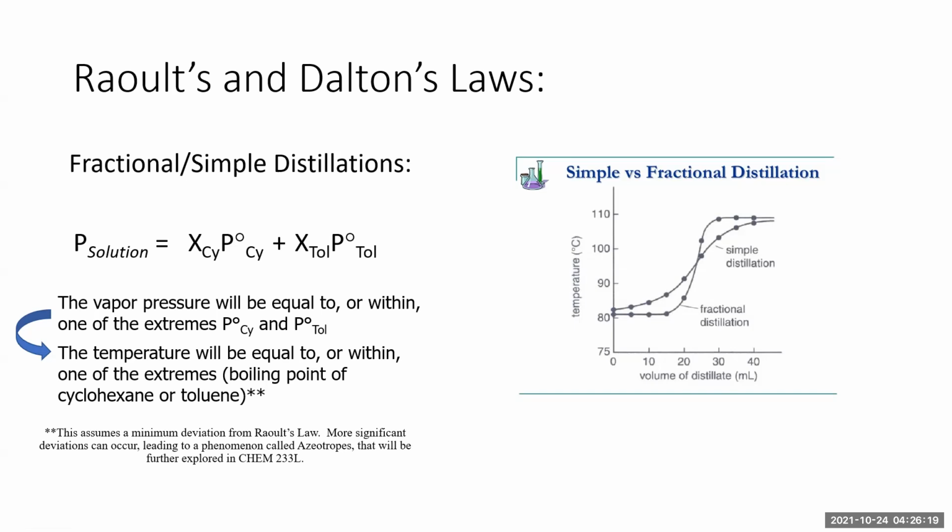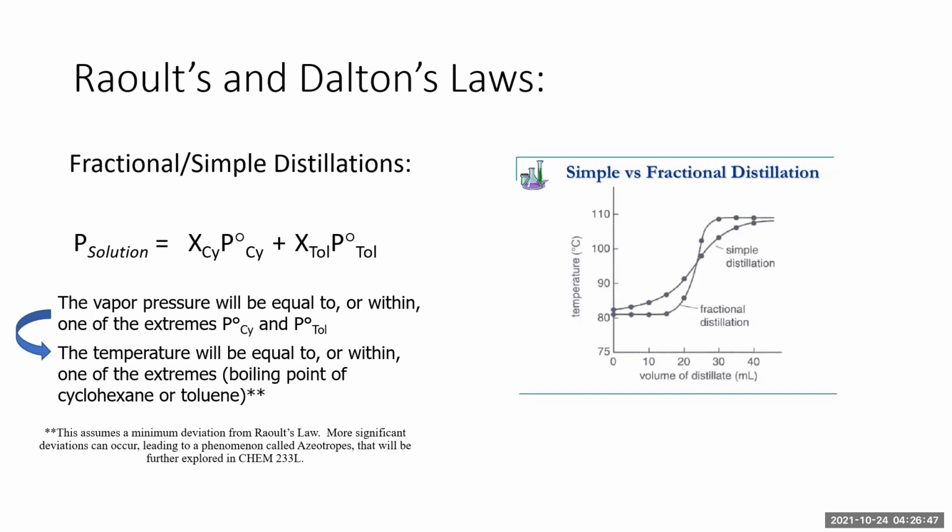and more significant deviations of certain mixtures of liquids can occur due to intermolecular forces changing when you have a solution of certain liquids compared to other solutions of liquids. And sometimes if there's large deviations in intermolecular forces when you make a solution compared to pure samples of the two liquids separately, that could lead to a phenomenon called azeotropes.